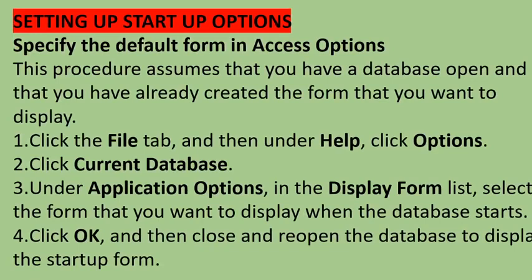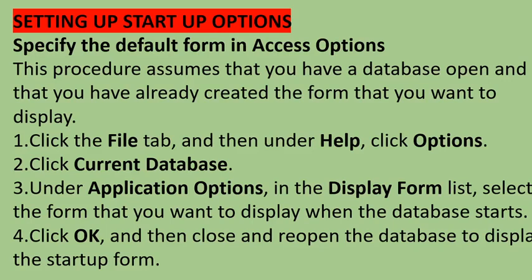Then, how do you set startup options? Setting up startup options. Now that your database is complete, you want it to go as you wish. This procedure assumes that you have a database open and that you have already created the form that you want to display. Therefore, you click the File tab and then under Help, click Options, click Current Database.